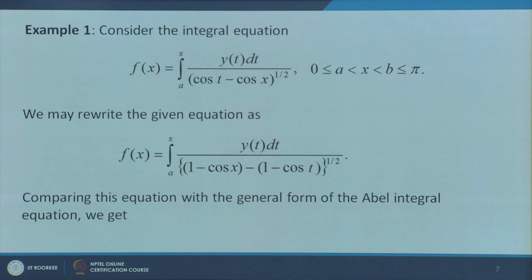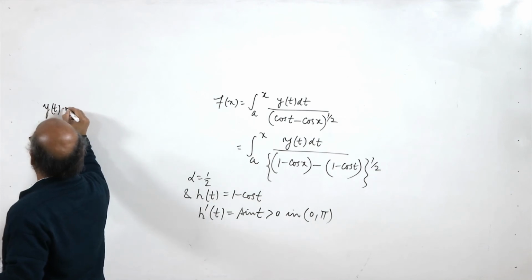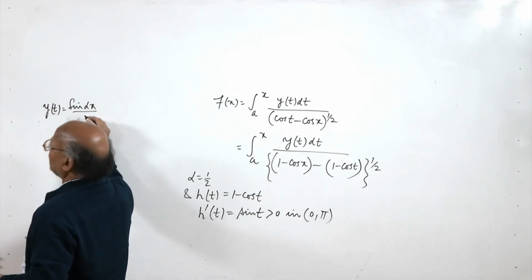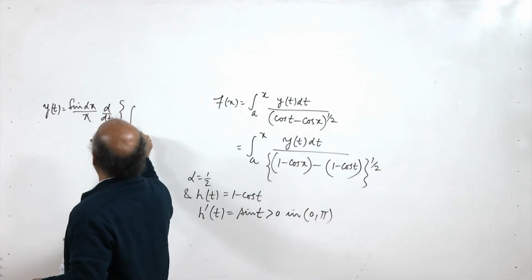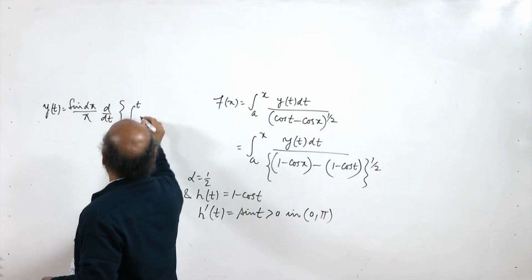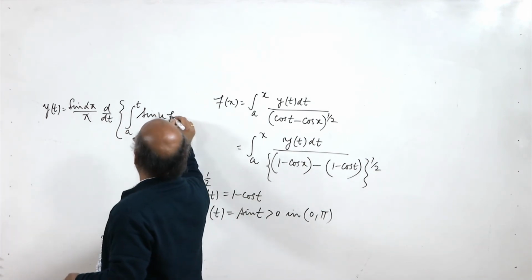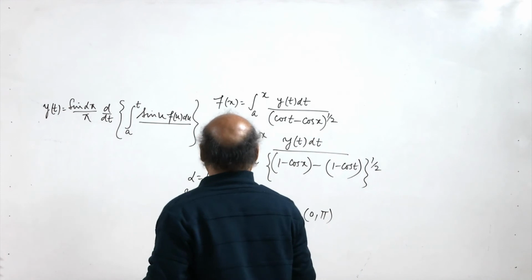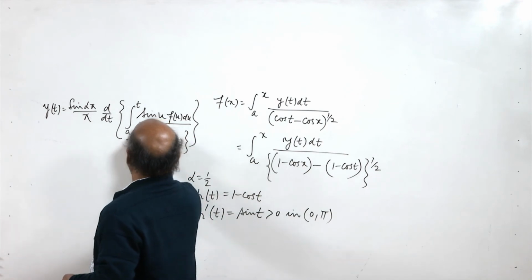So the solution of this Abel integral equation will be given by φ(t) equal to sin(alpha pi) over pi, d over dt of the integral from a to t of h prime(u) f(u) du divided by (h(t) minus h(u)) to the power 1 minus alpha. H prime(u) is sin u, so 1 minus cos t minus (1 minus cos u).